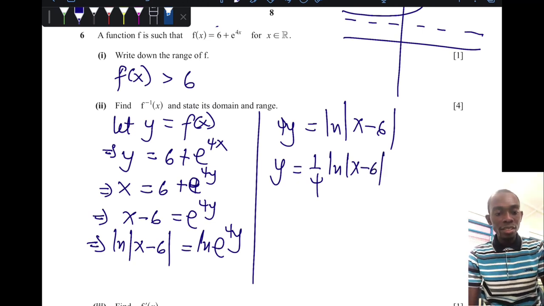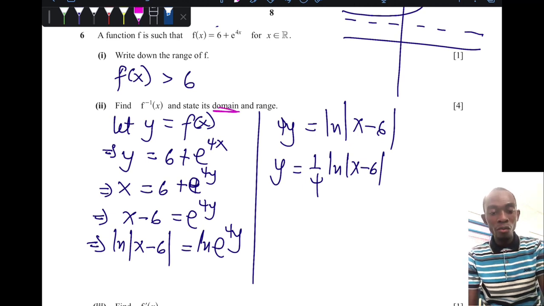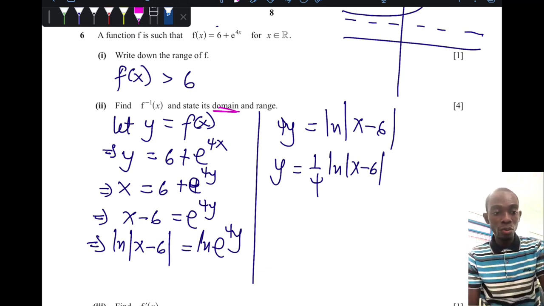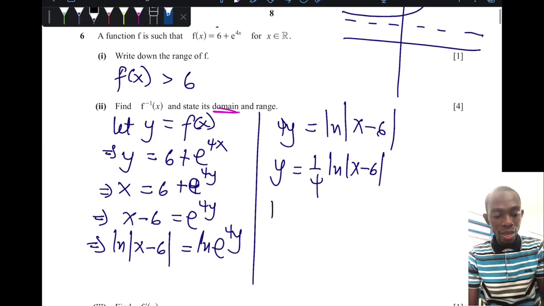Okay, the next thing that we are interested in is to find the domain. Now, the domain of the inverse is the range of the function. So let's take that. The domain will be such that x is greater than 6.